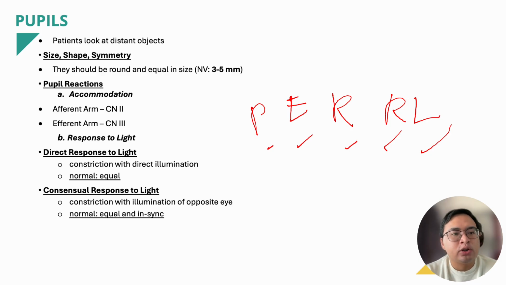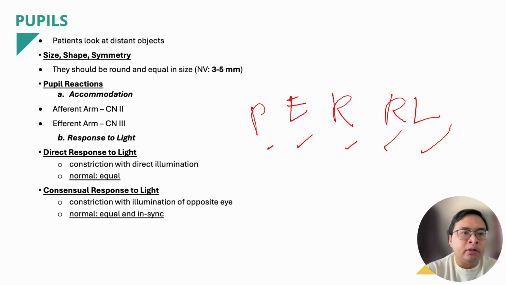Okay? So, normally, the pupil should be accommodating, meaning if you put an object closer to the eyes, it should be constricting to focus on the nearby object. Aside from that, it should also be responding to light, meaning it should be controlling the amount of light entering into the eye. So, in other words, if you shine a light directly to it, then it should be constricting.